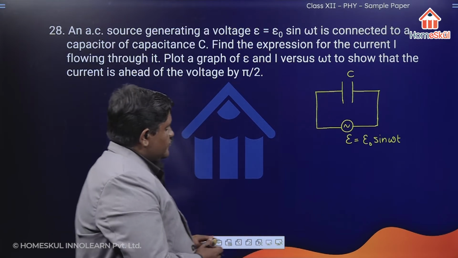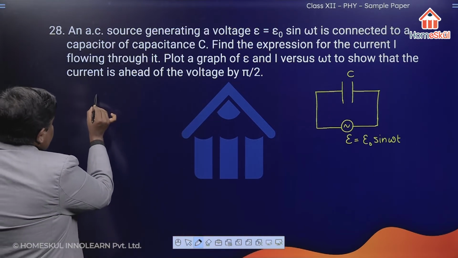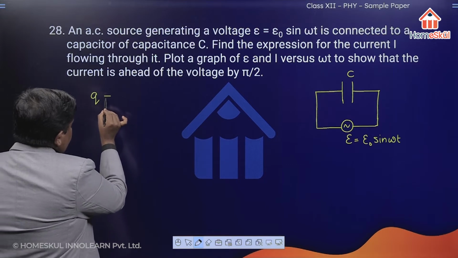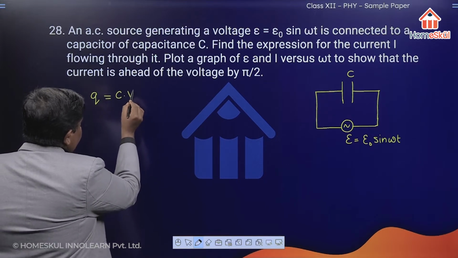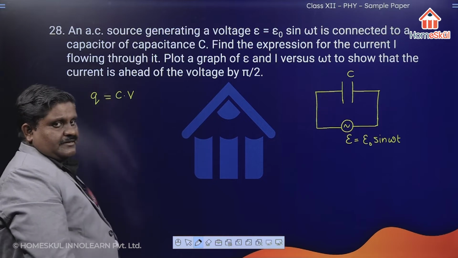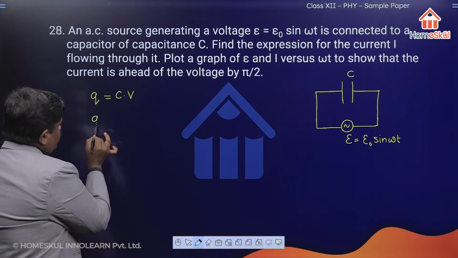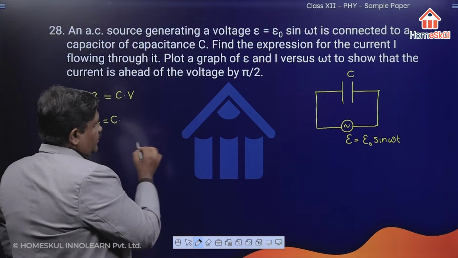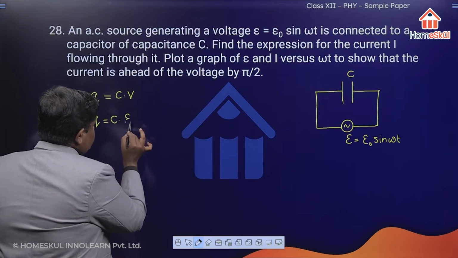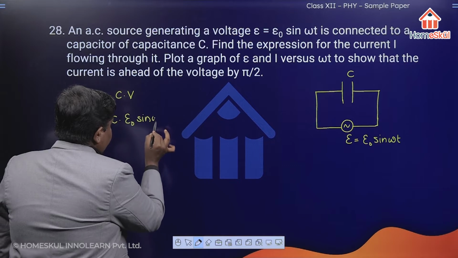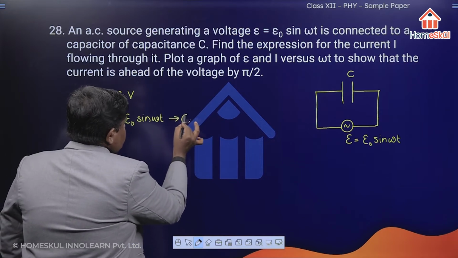We already learned that the charge accumulated Q is equal to a constant C into the potential difference. Therefore Q equals C into E0 sine omega t. I mark this as equation 1.